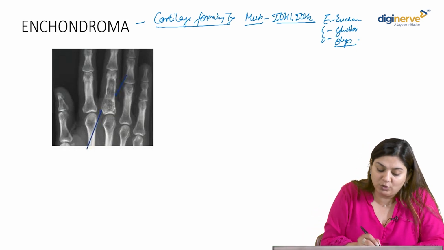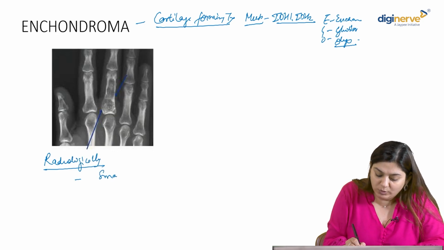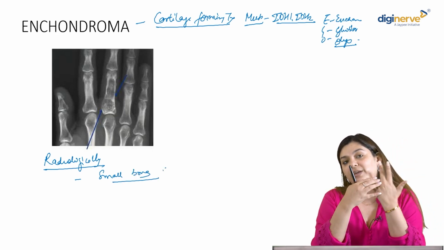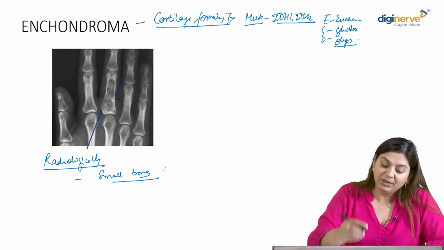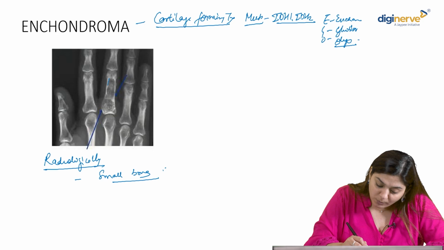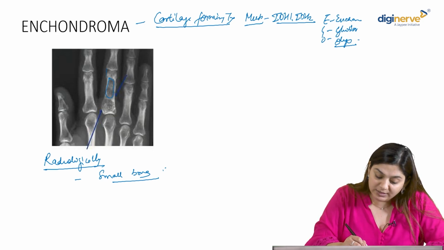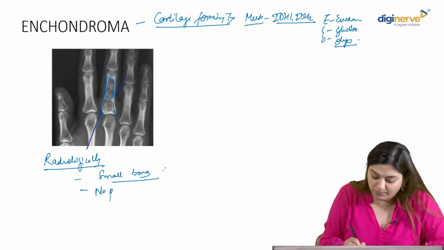Now, if you see radiologically, first of all, it affects the small bones. Like, can you see these finger bones it's affecting? Second thing, what you're going to see is that the tumor is restricted. It is inside only, so it is not breaching the bone. So there is no permeation present.